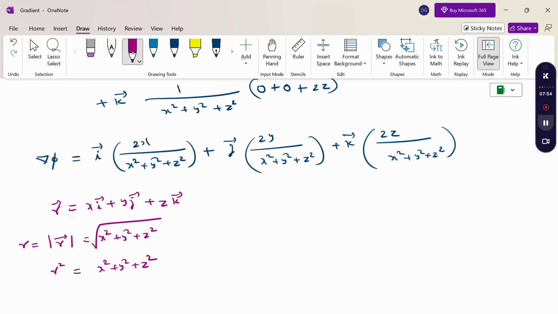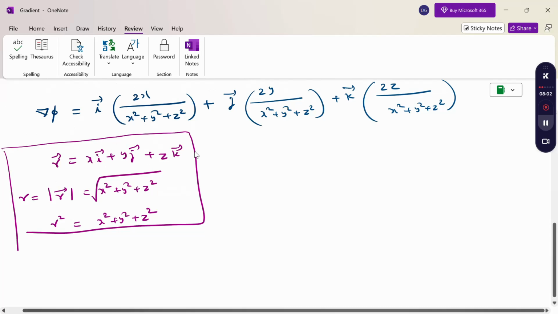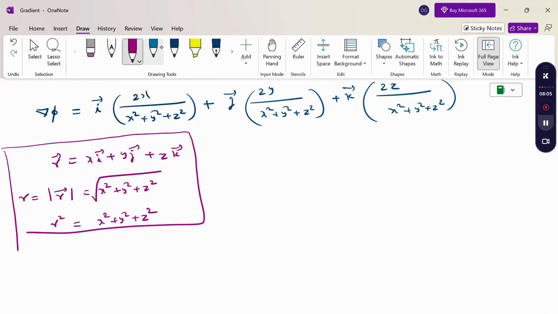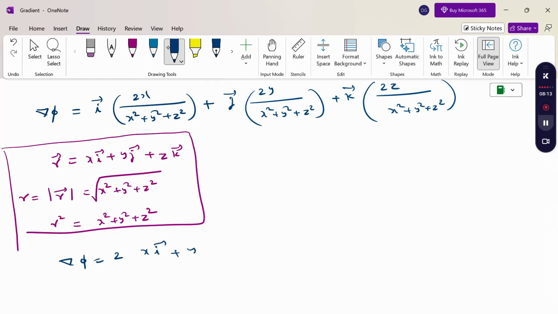Now substitute this value into del phi. What is del phi? See here, del phi equals 2, taking common out, (x i vector plus y j vector plus z k vector) divided by (x square plus y square plus z square), because this is common, I am taking the LCM.